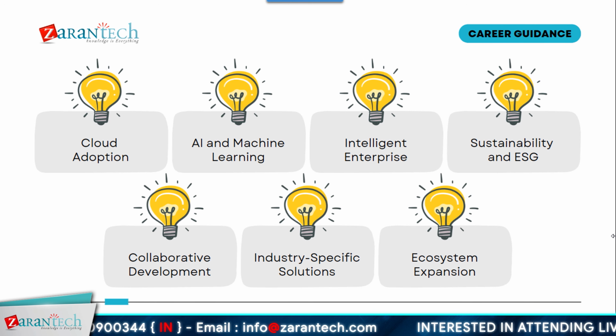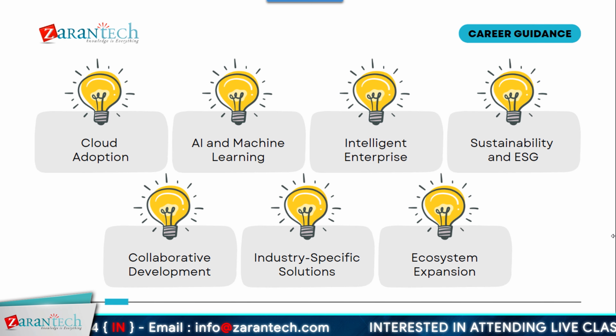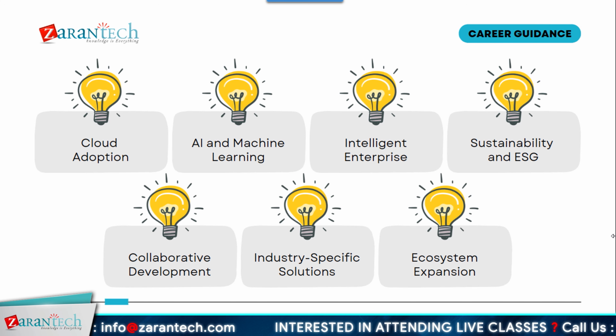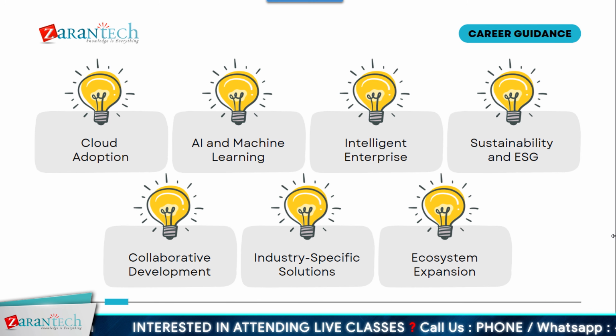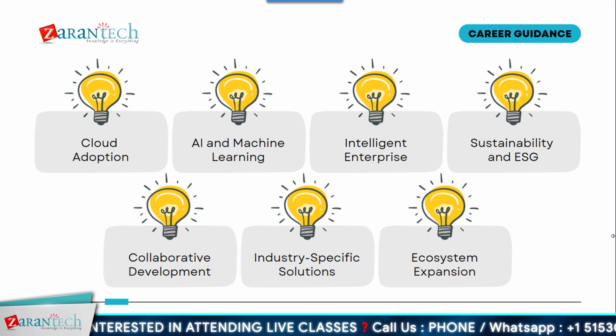Onto the intelligent enterprise, it is all about businesses that can think fast and stay connected. With new technology like Internet of Things, companies can be ready for anything, anytime. It's like supercharging your business with brain power. Next, sustainability and ESG.